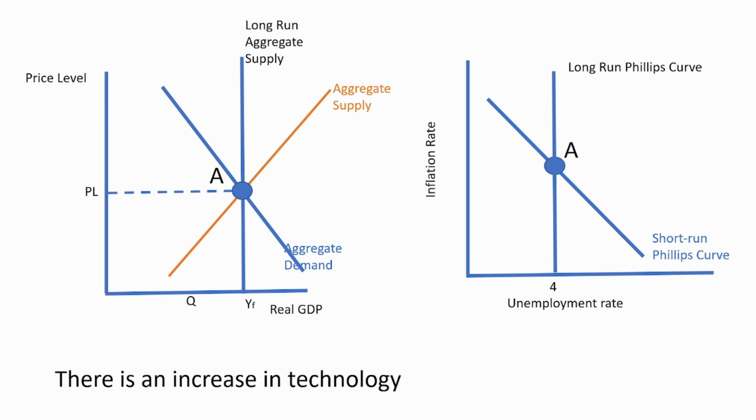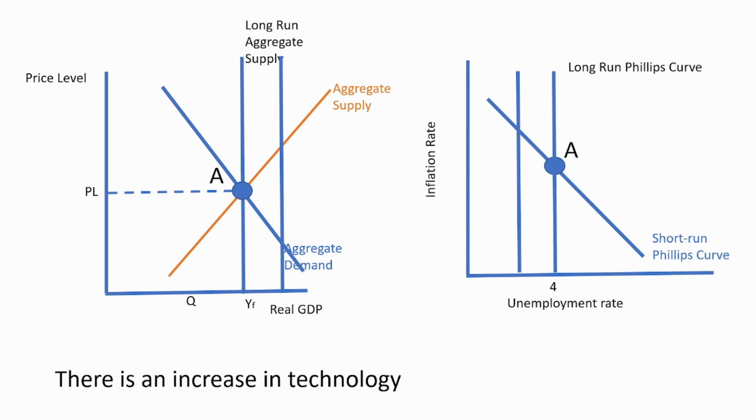Now, the long run aggregate supply curve is also at full employment. So if there's new technology, we're going to get a rightward shift of the long run aggregate supply curve, which means we're going to get a leftward shift of the long run Phillips curve, because we're at a higher point.